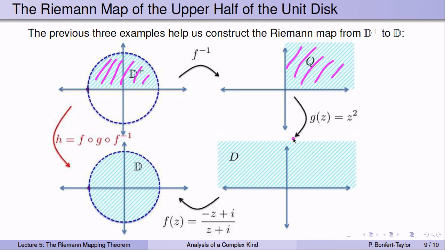The map z squared, G, maps the first quadrant conformally onto the upper half plane, D. And the map F itself, restricted now to the upper half plane, maps the upper half plane conformally to the unit disk. If I look at the composition of all these mappings, so first F inverse, then G, then F, then this mapping maps the upper half of the unit disk to the entire unit disk. We have therefore constructed the Riemann mapping from the upper half of the unit disk to the unit disk.